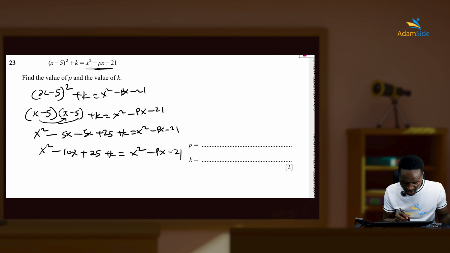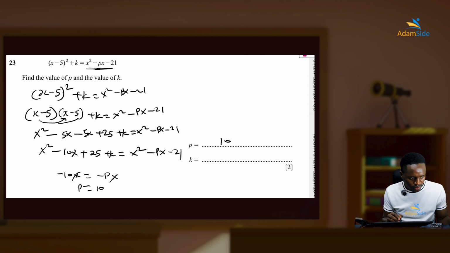We have a is 1, b is negative 10, and c is 25 plus k. Here a is 1, b is negative px. So negative 10x is equal to negative px. If you divide by x, p is equal to 10.